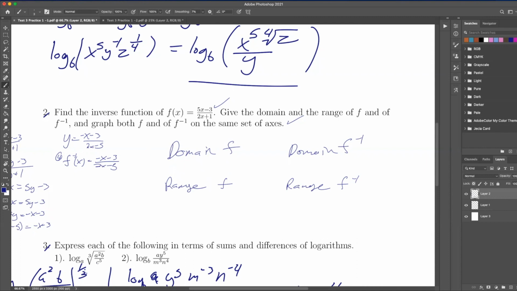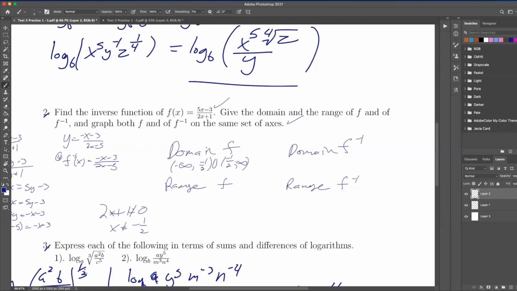In other words, 2x plus 1 cannot equal 0, because I can't divide by 0. It's the only problem we'll have here. That means x cannot equal minus a half. So I'm going to go from minus infinity to negative half, union minus a half to infinity. So just everything but minus a half.